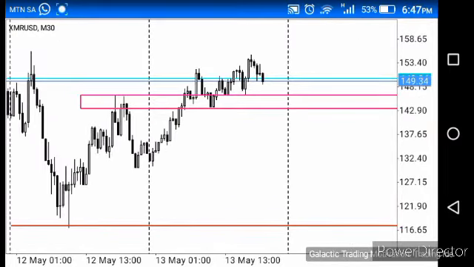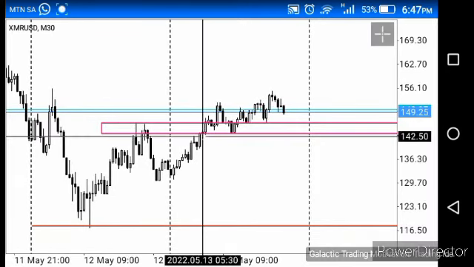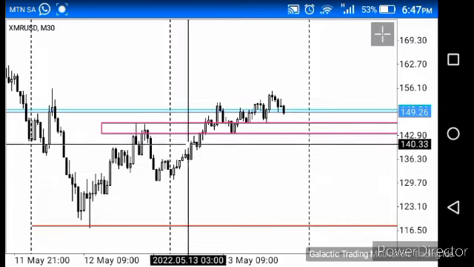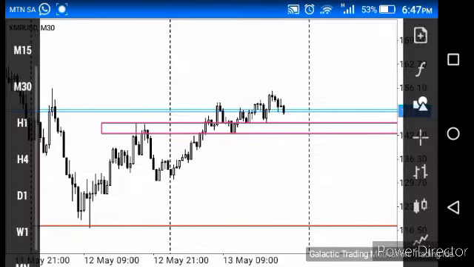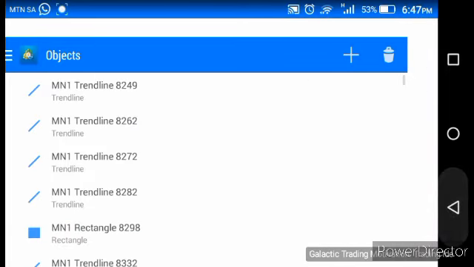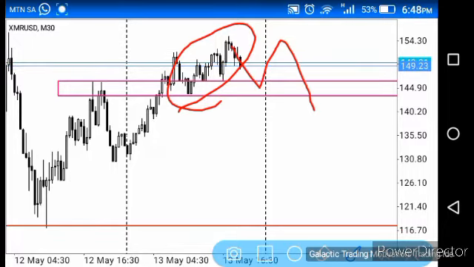So we've got the M30 chart open, and we can see that price has been going up strongly. However, it's starting to actually lose momentum. Let me just draw it. Price is starting to lose momentum in this area, and what we may see happen is it may create an M formation with the neckline being here.